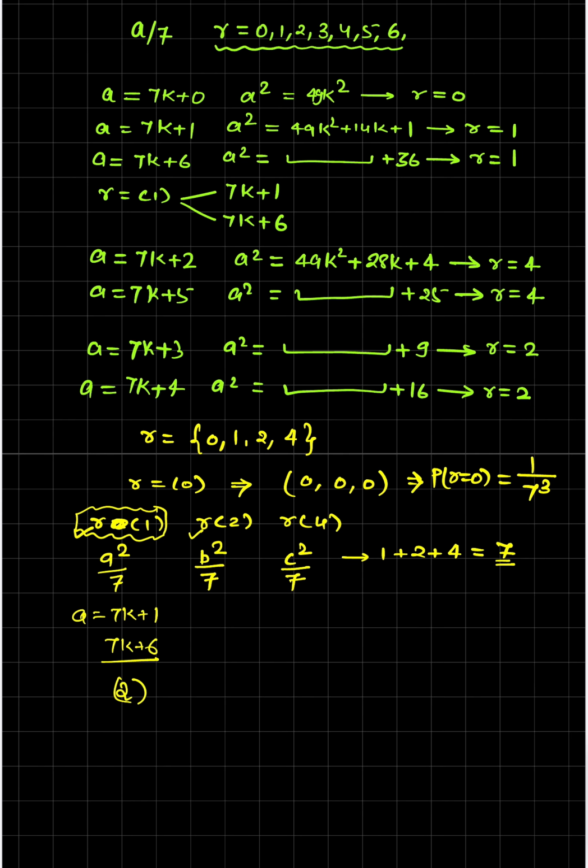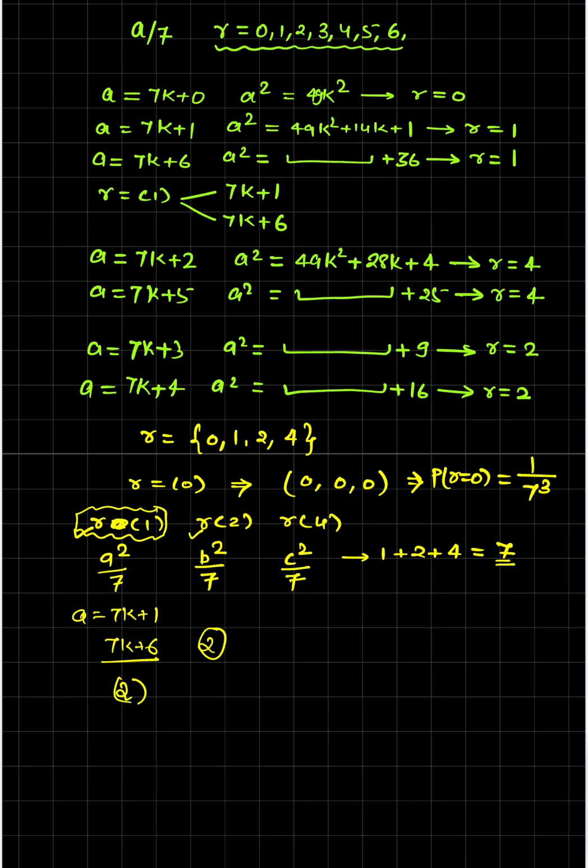Same for remainder 2: it is possible when we choose that number as 7k plus 3 type or 7k plus 4 type. So this is also 2 cases, right? So these are 2 cases.